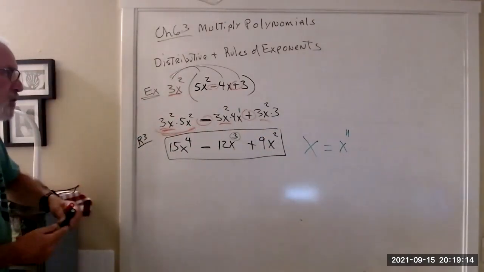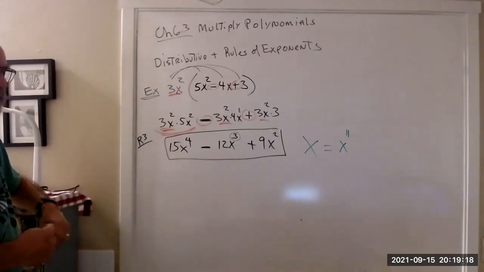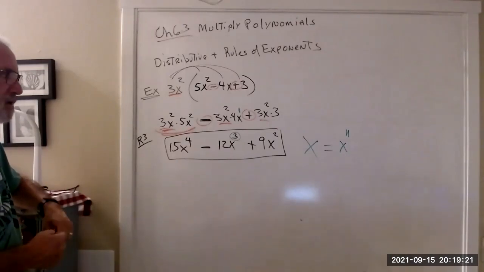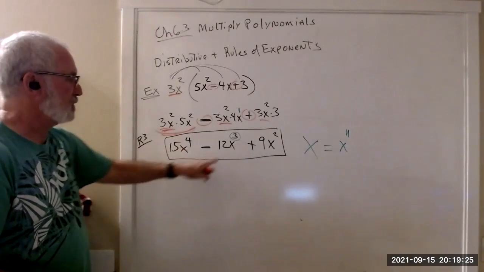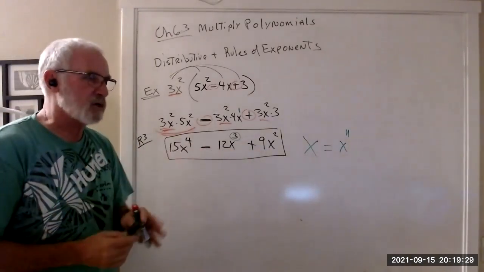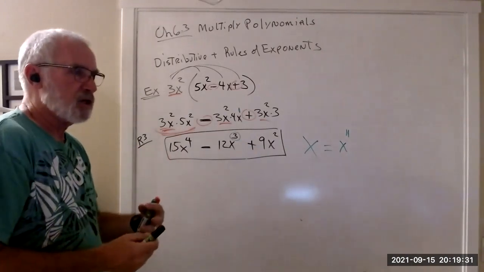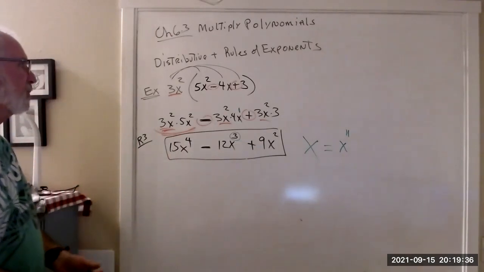That was it. And you can't add these together because none of the variables is exactly alike. They all got an x, but this is an x to the fourth, this is an x to the third, this is x to the second. They're related to each other. It's like they're cousins, but they're not exactly alike, so you can't go further.